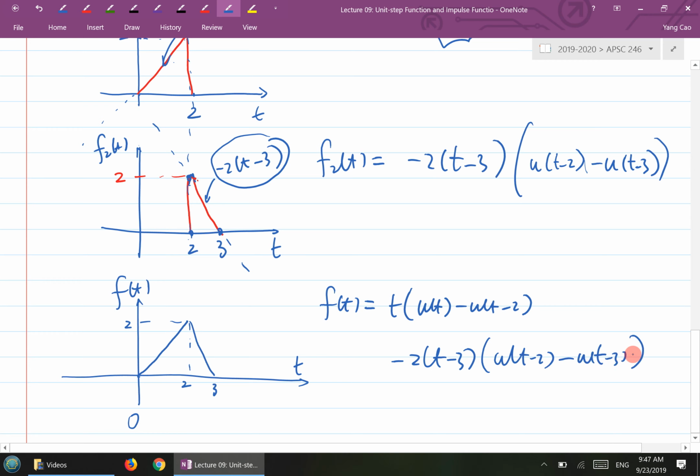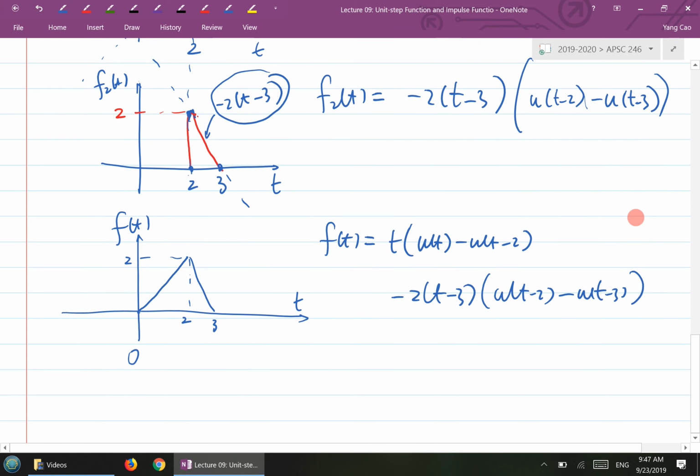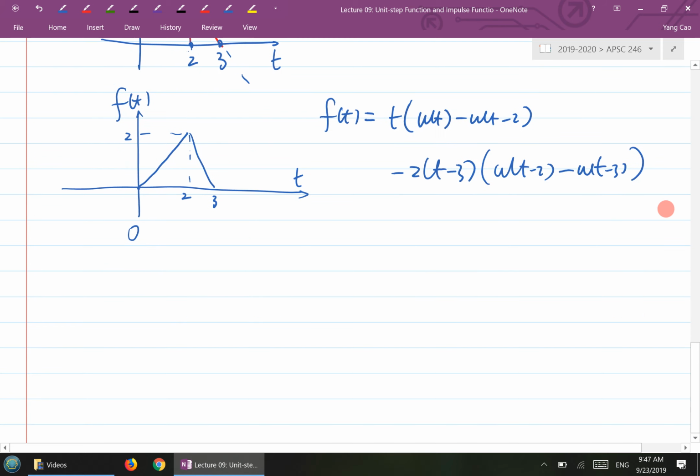Okay? So this is the idea for now: the unit step function can be used, at least, to simplify the expression mathematically. Let's take a look at a different example. Any questions?